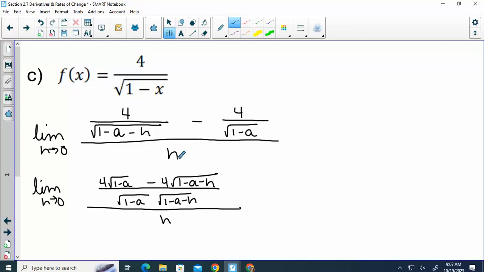This is like an h over 1, right? Would it be okay if I went ahead and wrote this times 1 over h, multiplying by the reciprocal?